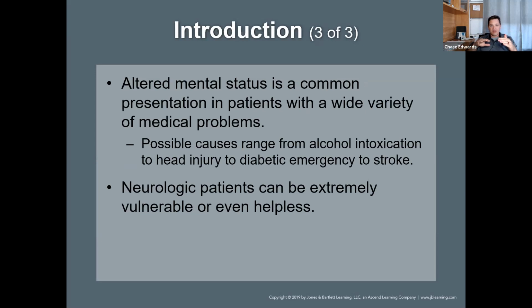Neurologic patients can be extremely vulnerable or even helpless. Many of the reflexes that protect an awake person may not function when the nervous system is depressed. The eyelids do not blink away dust or irritants, for example.